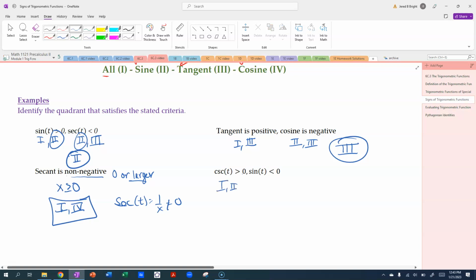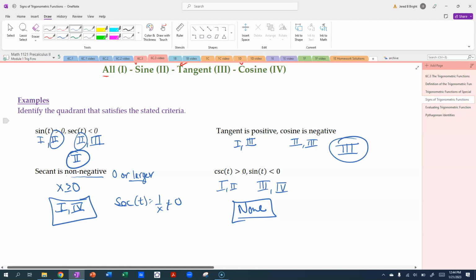And then sine negative, that just violates what we just wrote, 3 and 4. So I'm going to say none. There are no quadrants that satisfy that condition. So be careful is the point of the story here. Instructions may be misleading intentionally or unintentionally sometimes.